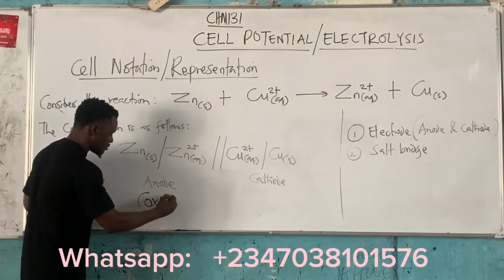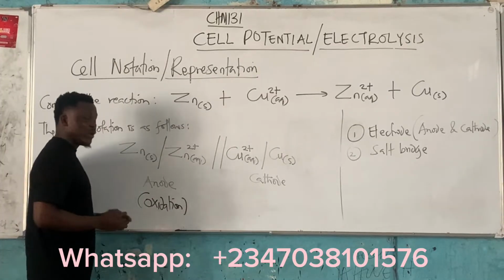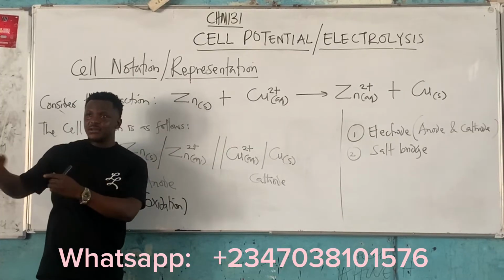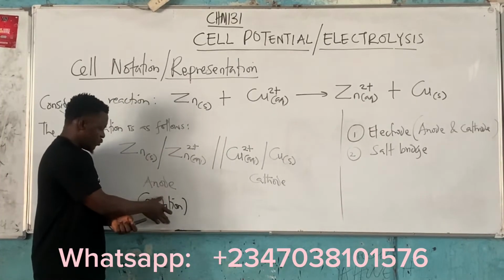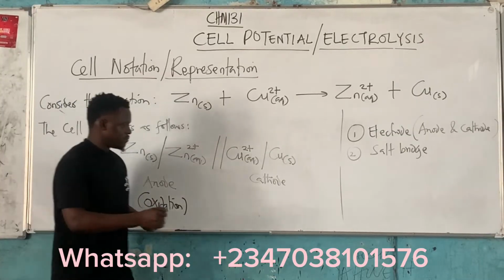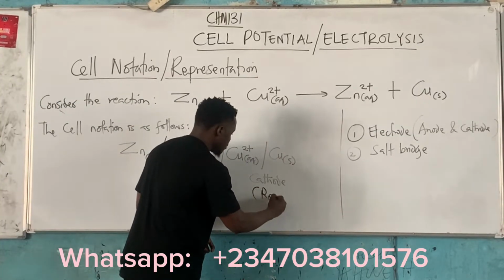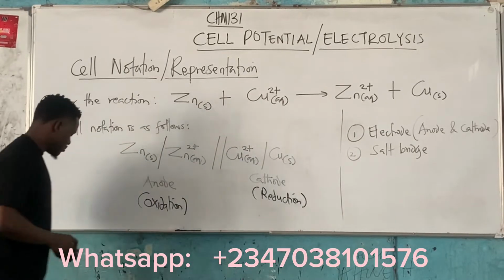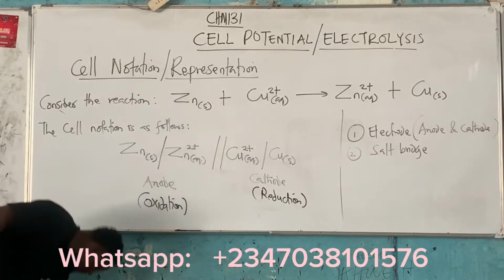It is constant. Whether it is a galvanic cell or electrolytic cell, the reaction at the anode is oxidation. Cathode is what? Reduction. Now, how can we interpret this? Please put down.